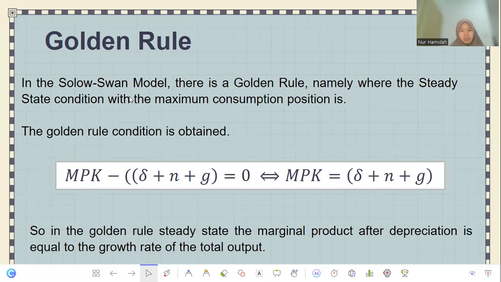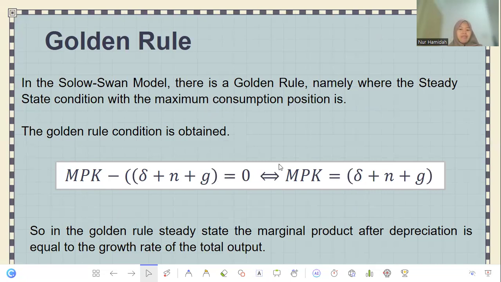In the Solow-Swan model, there is a golden rule, namely the steady state condition with the maximum consumption position. The golden rule condition is obtained when MPK minus the break-even investment is zero.